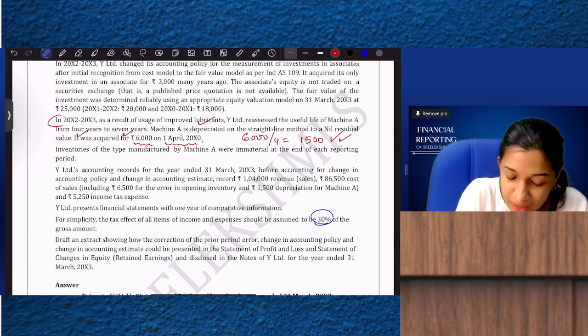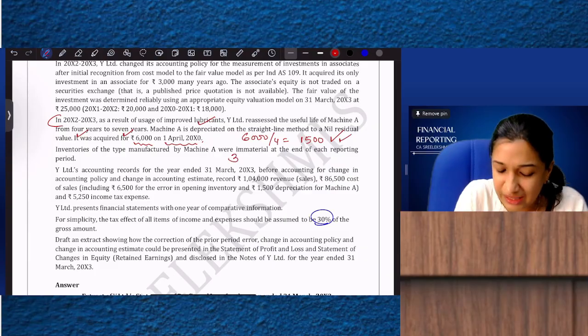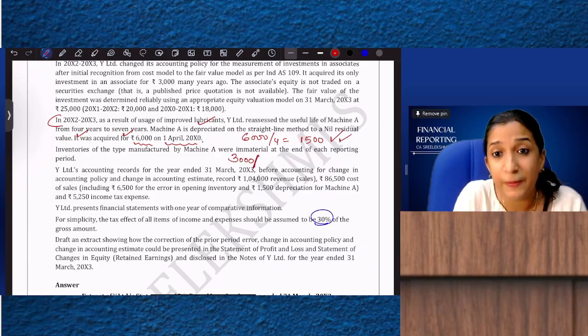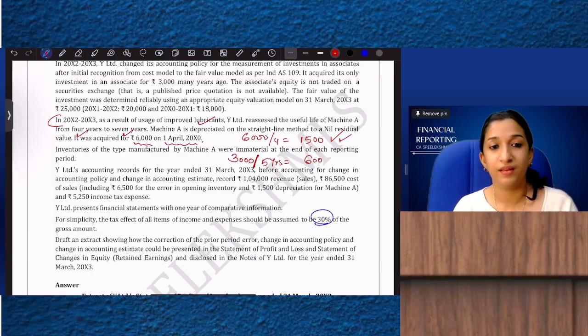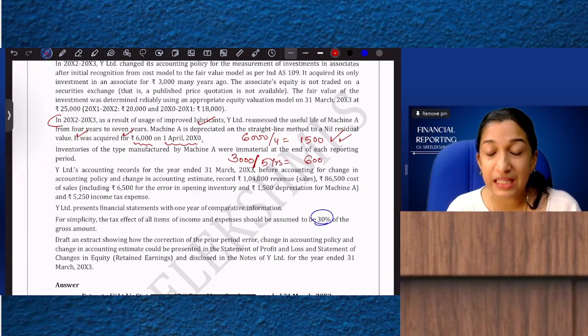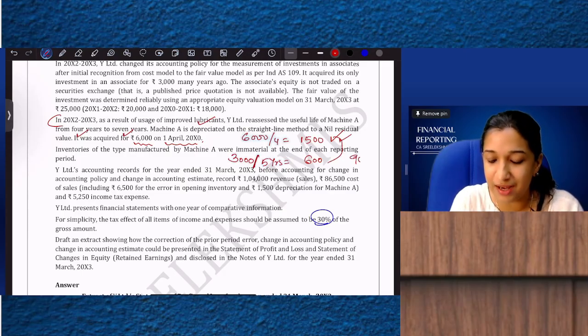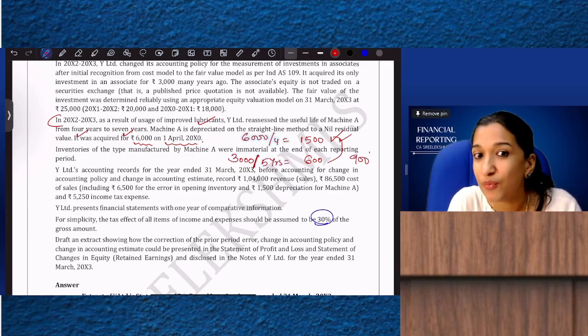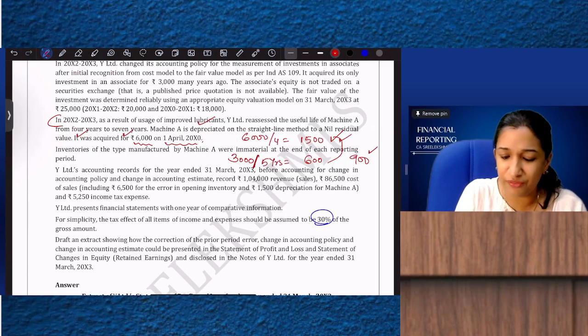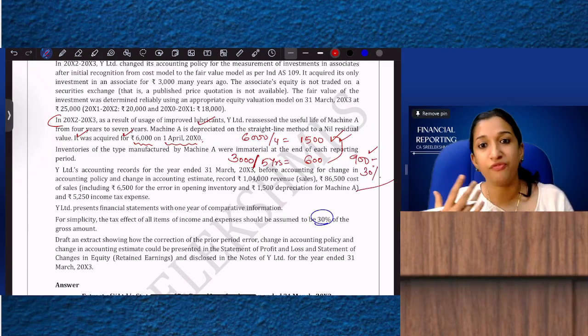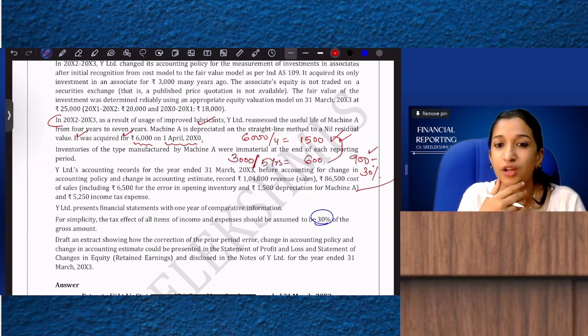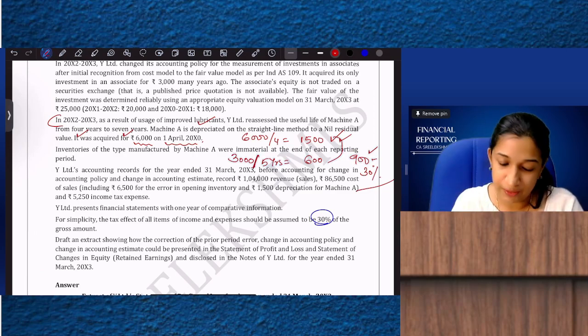So revised depreciation becomes 3,000 divided by 5 years, that is 600. Depreciation decreased as a result of the change in estimate. So prospective accounting, 900 is the profit that will increase. So give the tax impact also and find out how much is the profit after tax that will increase out of the change in accounting estimate.